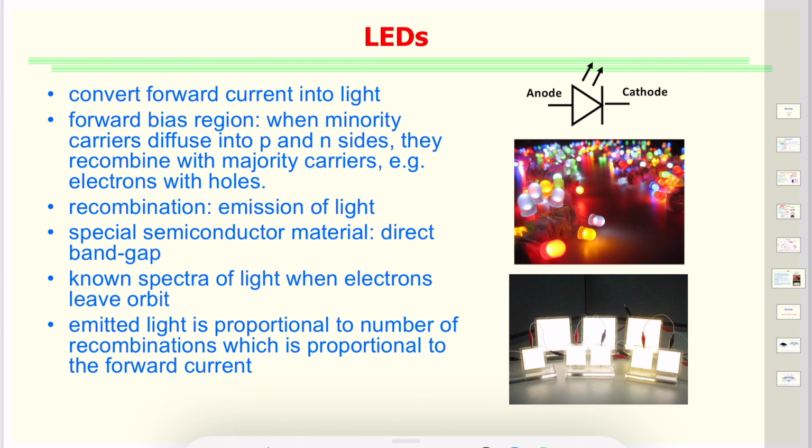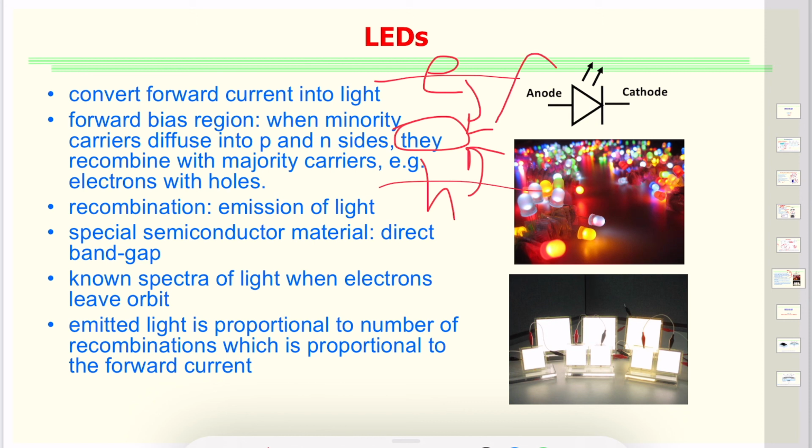Light emitted by an LED is proportional to the number of electrons and holes that come together, what we call recombining. That energy difference is what is emitted as a photon, and what we see as light.